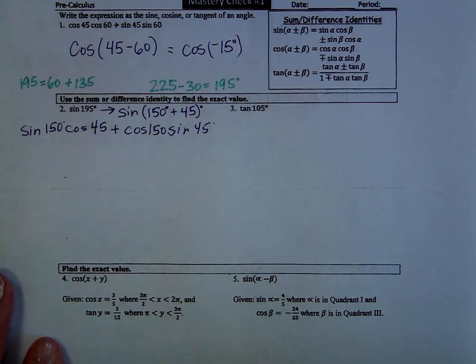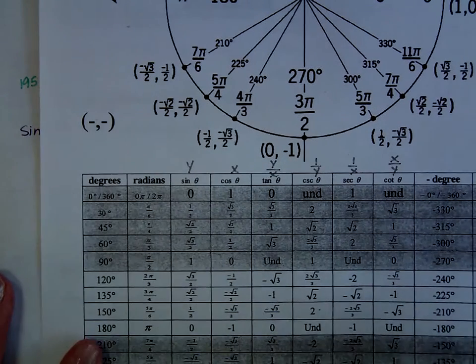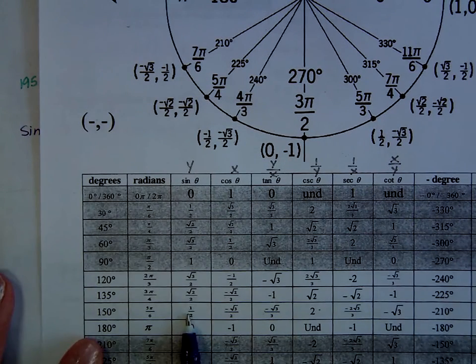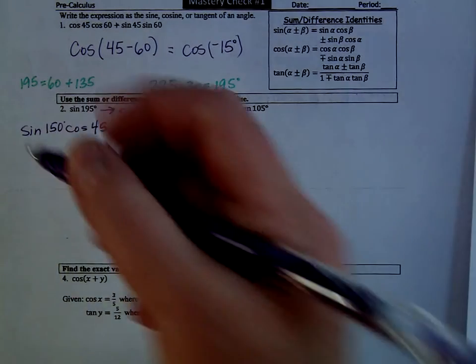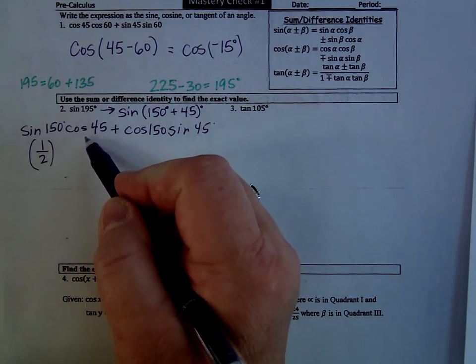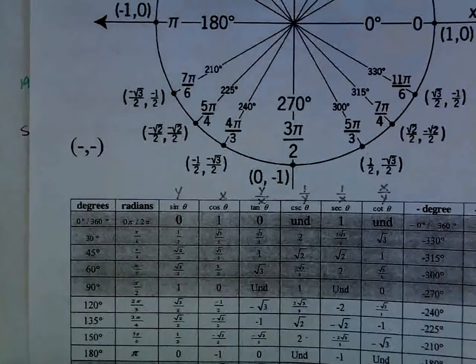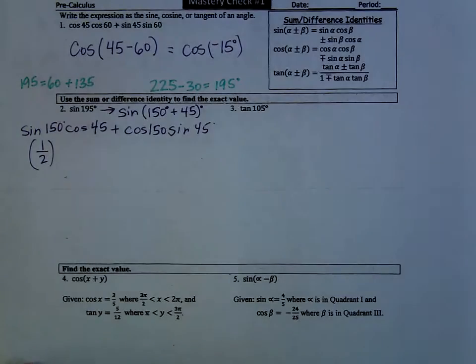And then I'm going to go to my table, this lovely guy here, and I'm going to look at 150, and I want to know what the sine is. The sine of 150 is 1/2. So I'm going to put a 1/2 in for this piece. Cosine of 45 is the next thing I have. Cosine of 45 is the square root of 2 over 2. That goes in for this one.